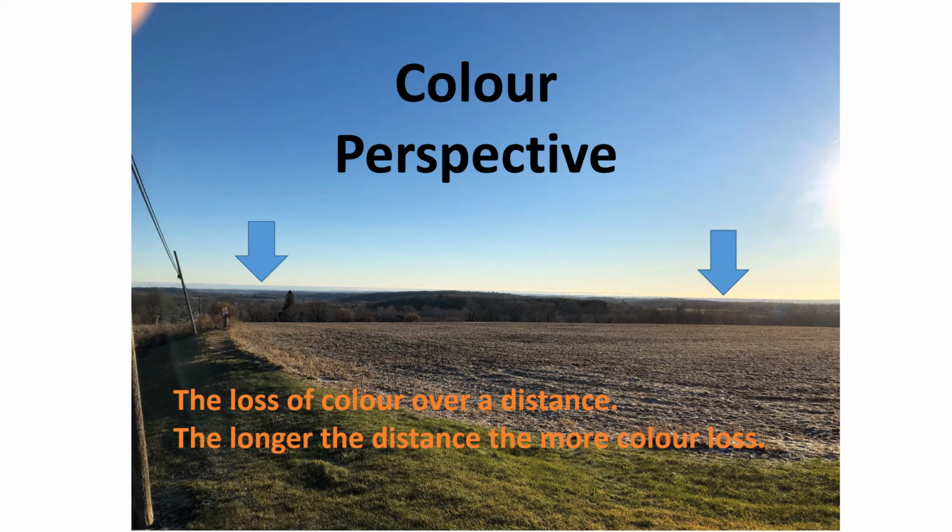So if you're doing a painting or a drawing of landscape, you need to think about making those things that are at a long distance away less and less colorful, more and more gray. So you see these arrows are pointing at those areas.